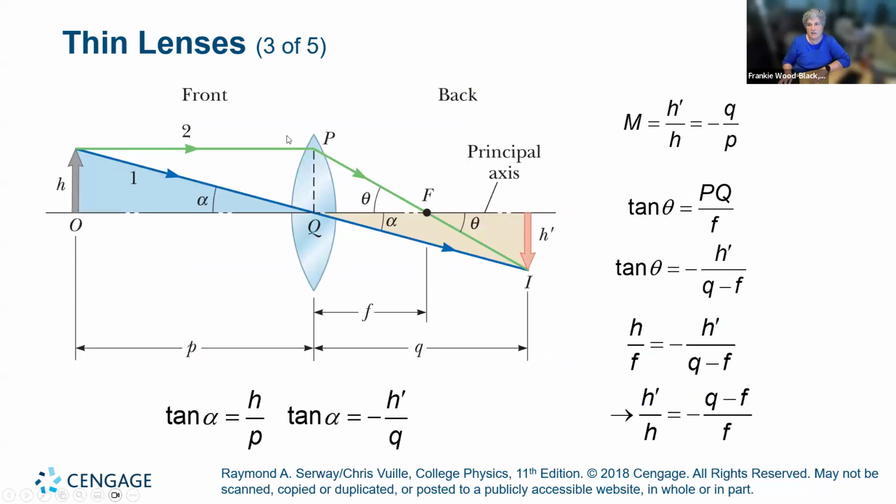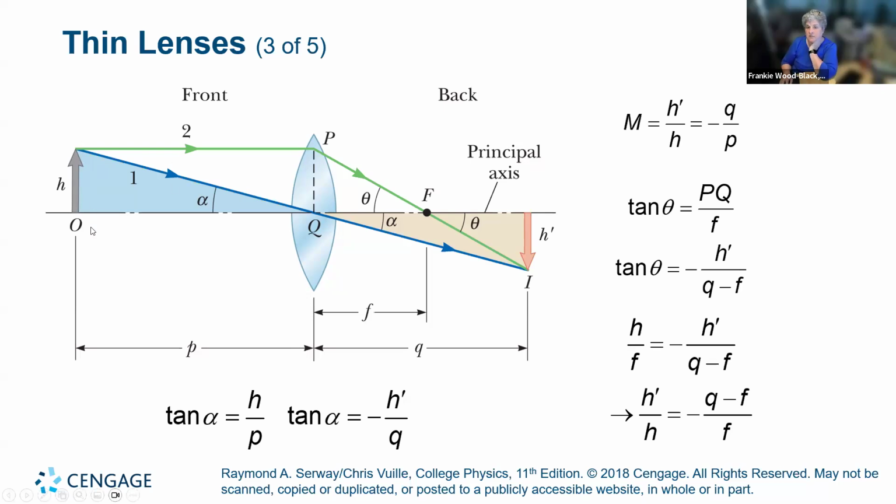Now, just like we dealt with our mirrors, here's my object and here's my image. When we draw our thin lens problems, you're going to draw a representation of your lens, and you can get away with a straight line. This particular lens is a converging lens.